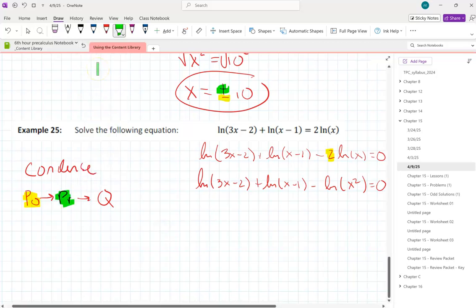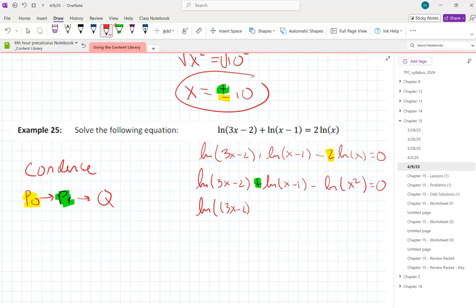Then we'll look for our product property. So when condensing the product property, what you're looking for is the sum of 2 positive logarithms. What the product property allows us to do is rewrite that sum of 2 logarithms into the product inside a single logarithm.